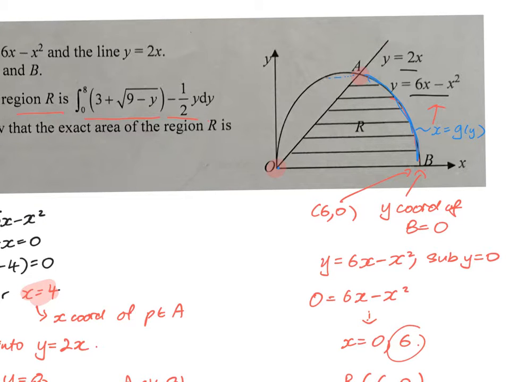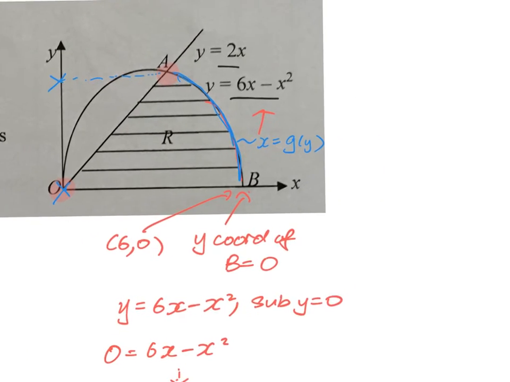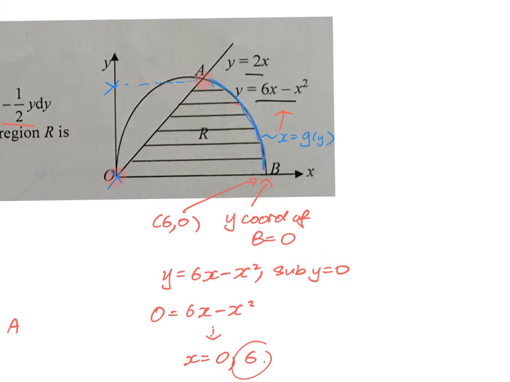Maybe I can look at this limit as well as this limit, and try to integrate. If I do the integration of my x equals g(y), from this point, this is probably 0, and since this is (4, 8), we know this is probably the point 8.